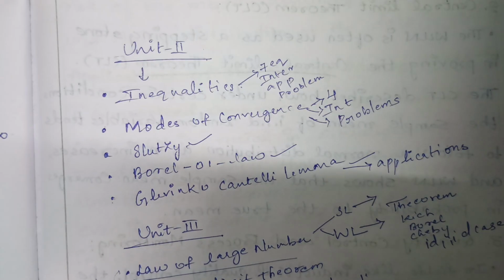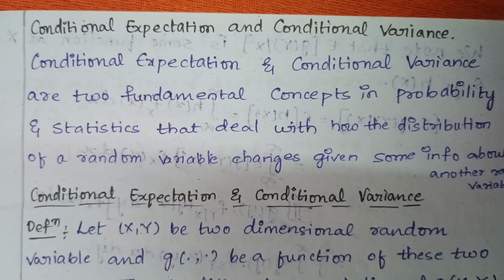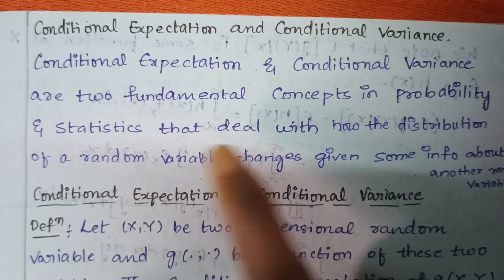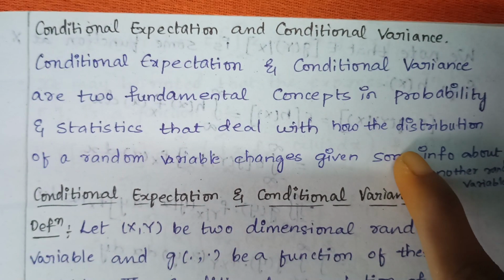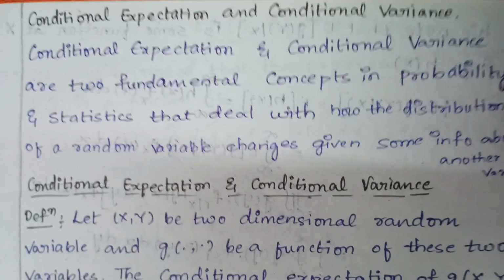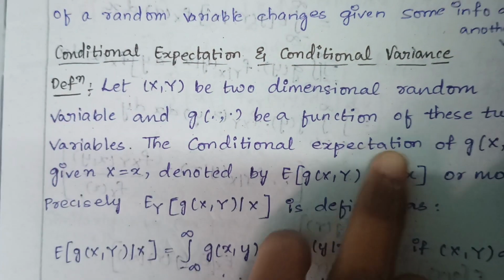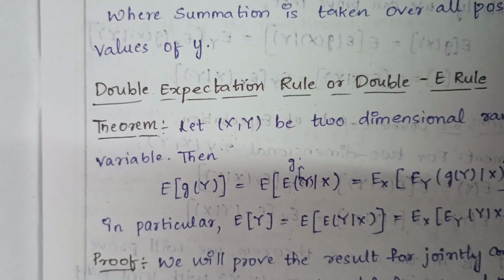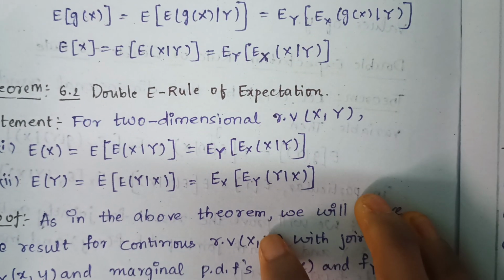Now let us see Unit 1. In Unit 1, you need to cover conditional expectation and conditional variance. There are 4 theorems in this one. First, you need to understand what is meant by conditional expectation and conditional variance and what the double E rule is. This question is the most repeated one, this theorem, the double E rule of expectation.